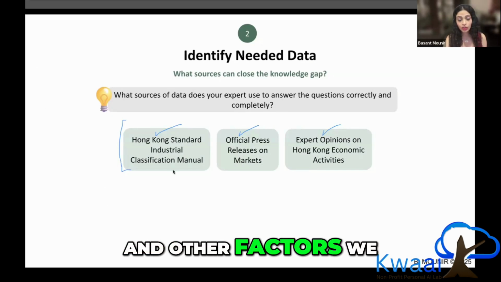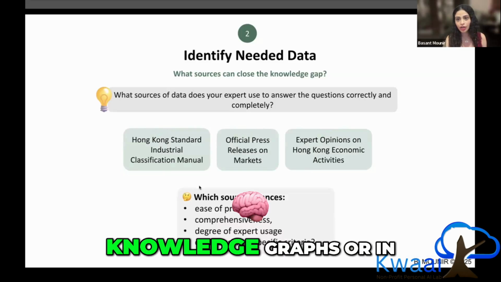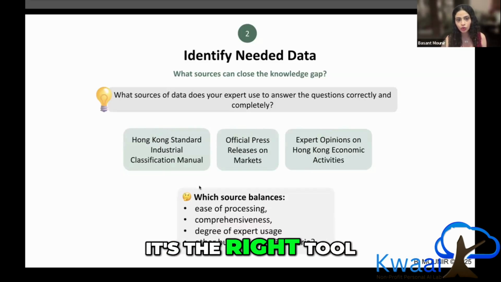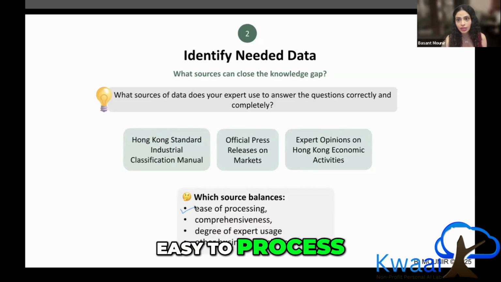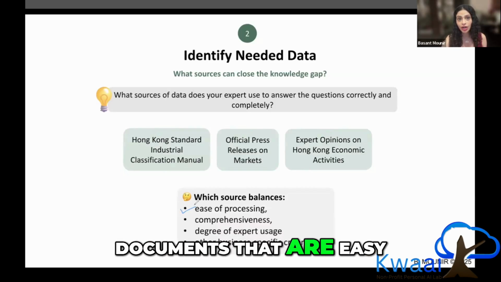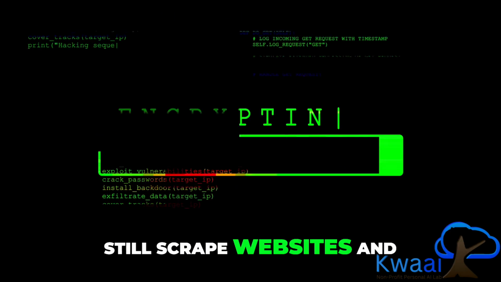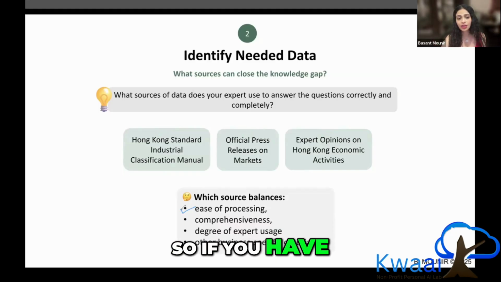Other factors we need to consider: when you're experimenting with knowledge graphs, or anything in general, you don't want to invest a lot of effort without making sure it's the right tool. So we need to select data sources that are easy to process. If you have documents that are easy to process Python-wise, you don't need to scrape websites, store them, and then chunk them. Something readily available is better.